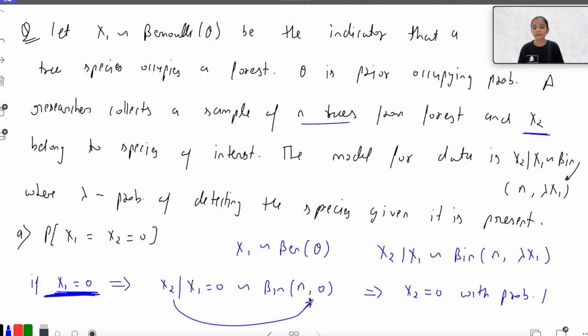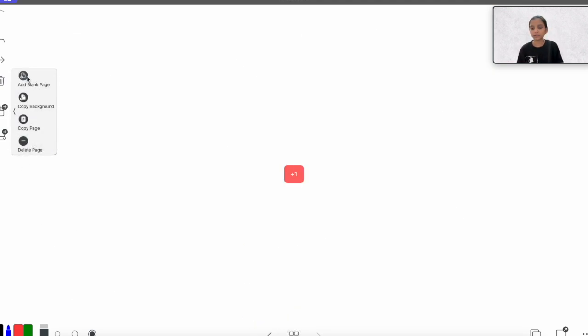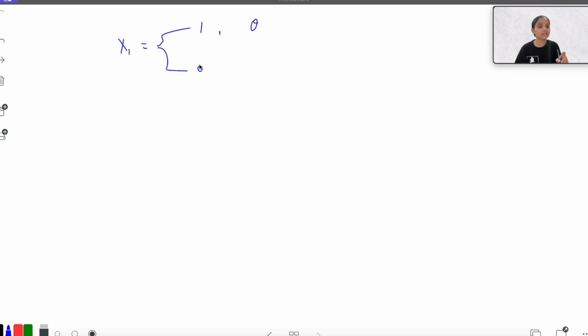That's why we are saying that when x1 is equal to 1, that means the species is present with the probability theta, right? And x1 is equal to 0 means the species is not present, okay?